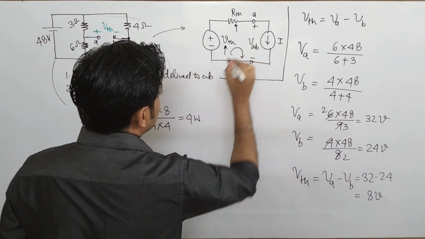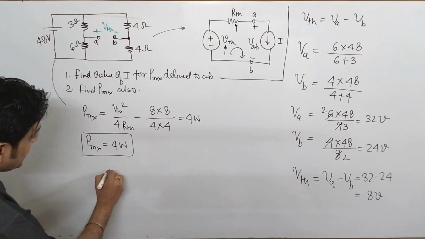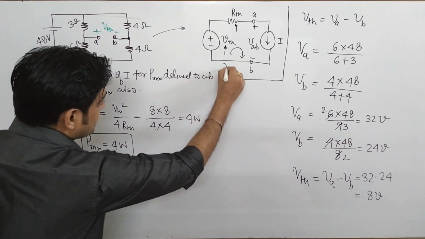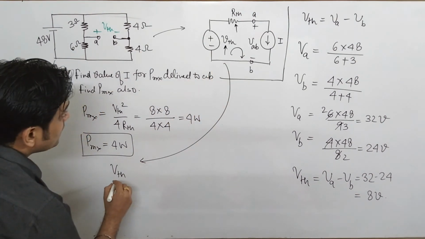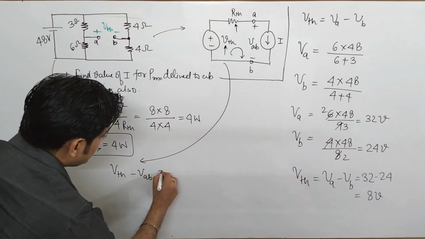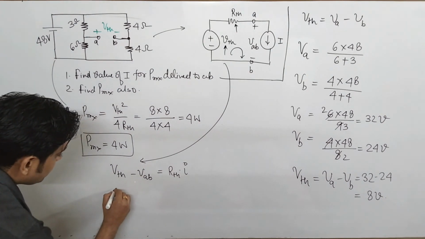should I apply this loop? Yes. So if I apply this loop, you can say that VTH, please see here I am applying the loop, VTH minus VAB is equal to RTH into I. VTH is how much?